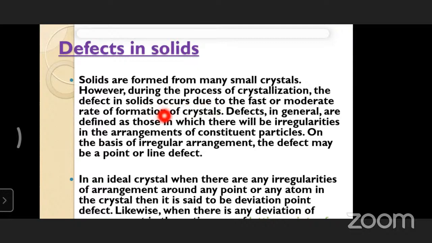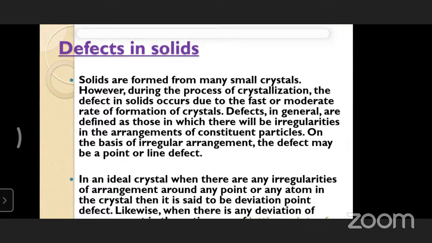So defects are defined as irregularities in the arrangement of constituent particles. On the basis of irregular arrangement, the defect may be a point defect or a line defect. Defect is nothing but the arrangement not being in a proper manner.